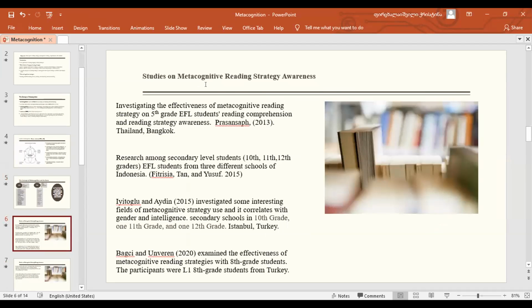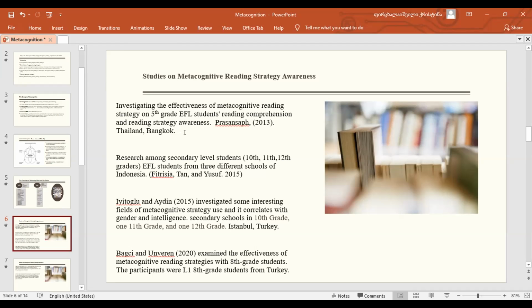And studies on metacognitive strategies, what studies exist in this field? So in 2013, in Bangkok, Thailand, the scientists investigated fifth grade students and their relationship with metacognitive strategies, and discovered that even in fifth grade students, metacognitive strategy has a positive effect on their reading comprehension.